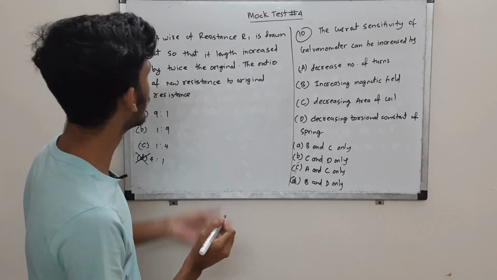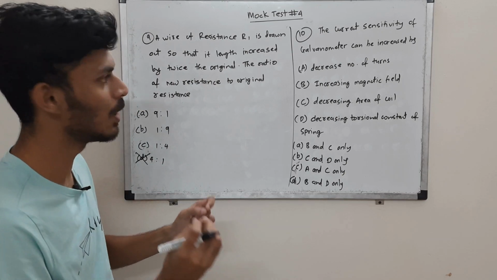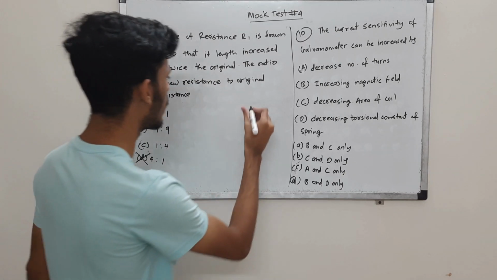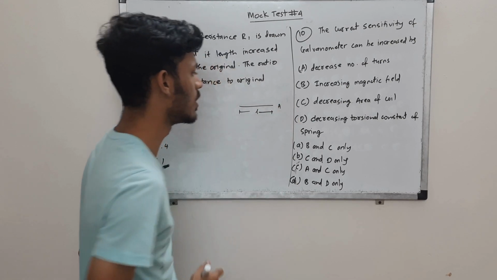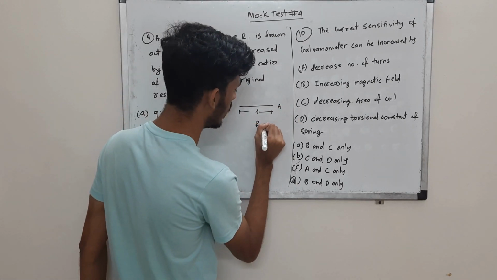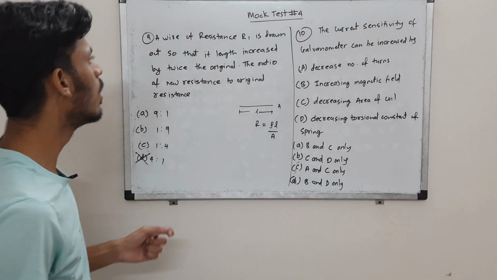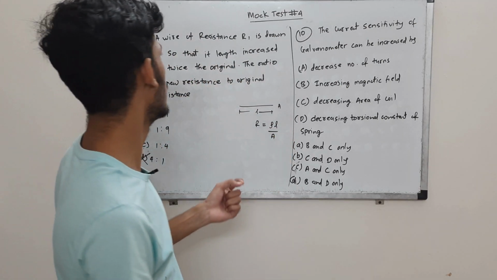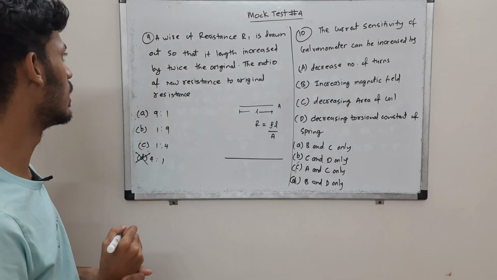So here we have a resistance R1 which is drawn so that its length is increased by twice its original. Okay, so suppose we have a wire of length L and area A. Okay, so this is the original resistance. Let's call it R. It will be rho L by A. Right, now we are going to draw a wire of resistance R1, so that its length will be increased by twice.